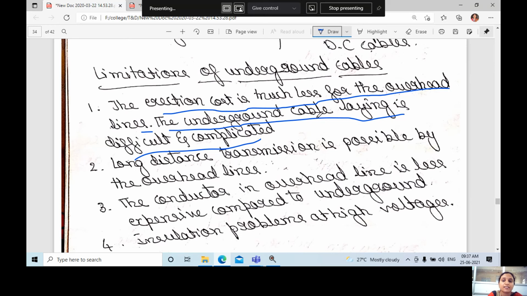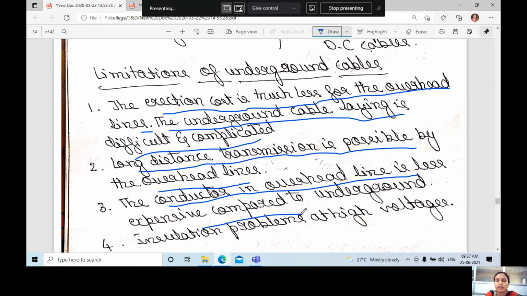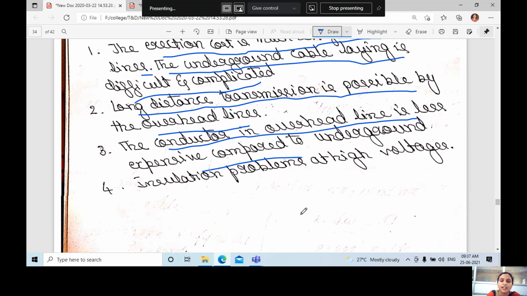Underground cable means it is more expensive, and also difficult and complicated. Long distance transmission is possible by overhead lines only. The conductor in overhead lines is less expensive compared to underground.